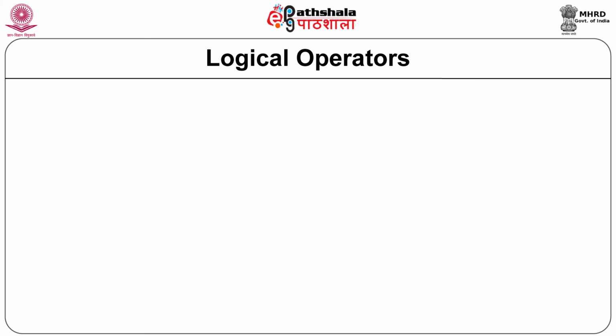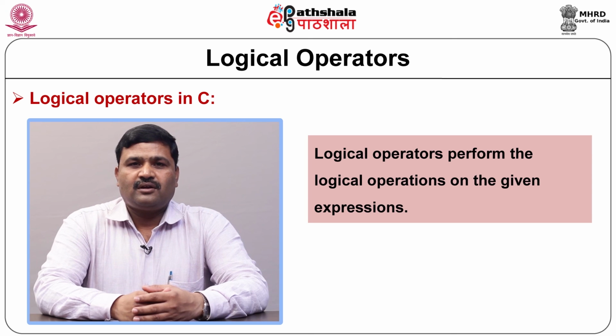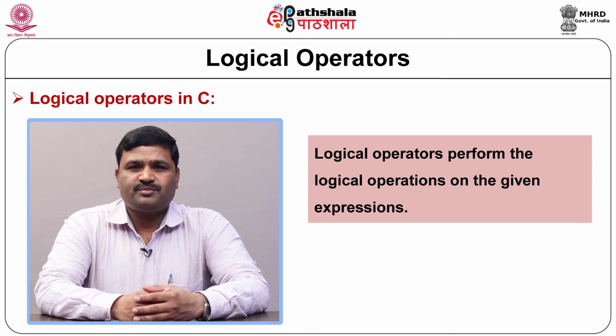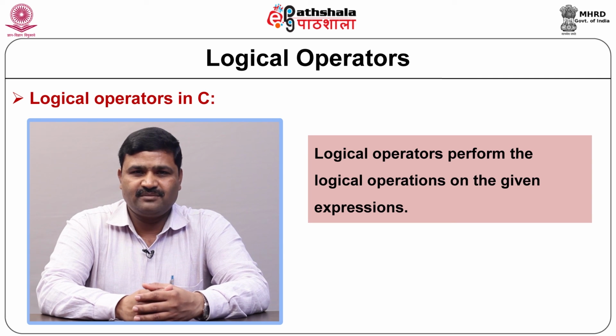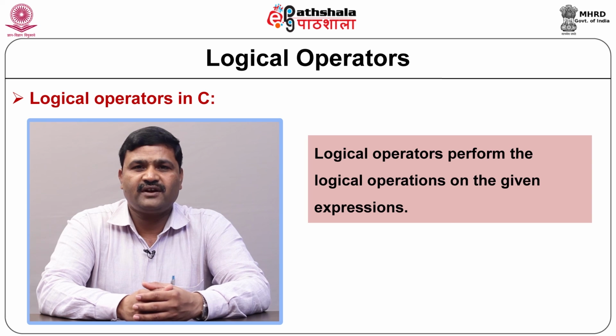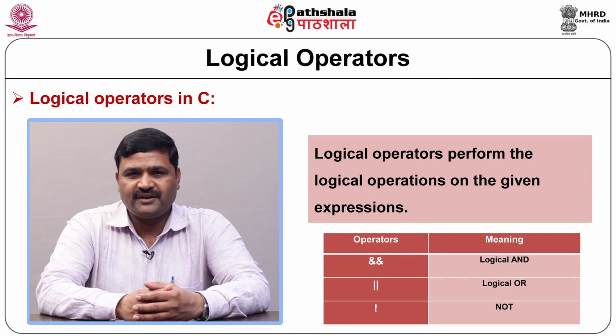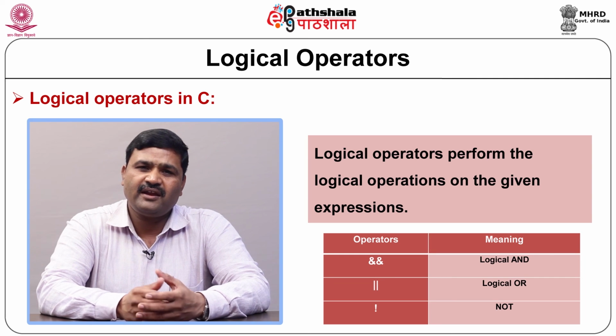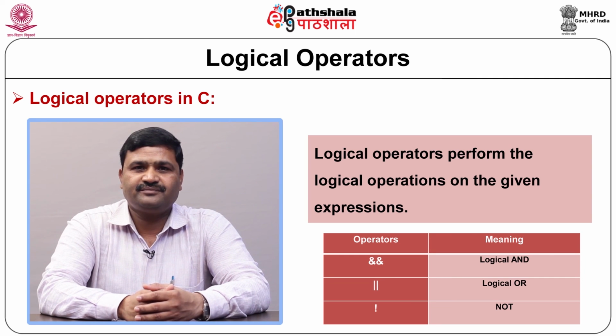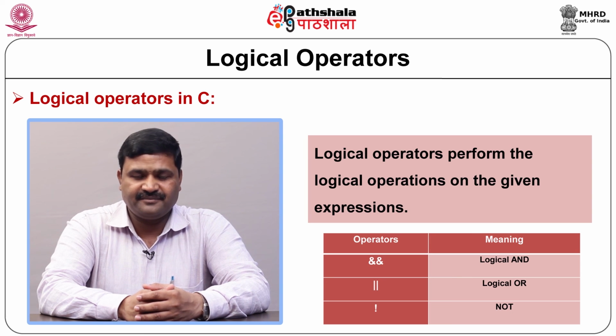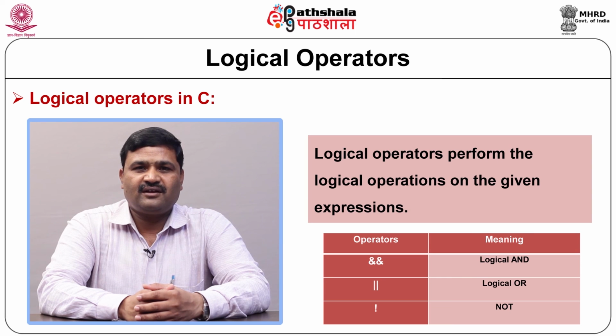Now, let us go for logical operators. Logical operators are used to perform logical operations between two different statements or between two different expressions. There are three types of logical operators used in C program or any other programming language. First logical operator is logical ANDing, second logical ORing, and third one is logical NOT.